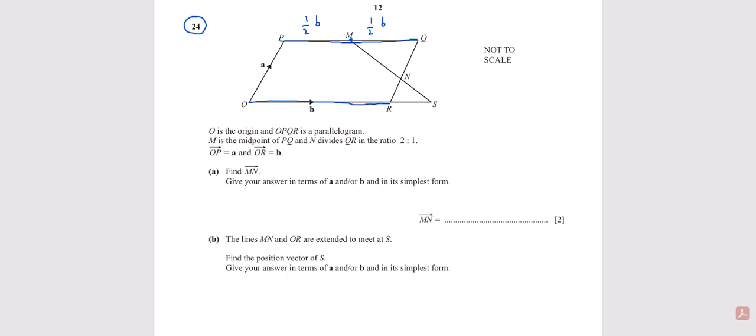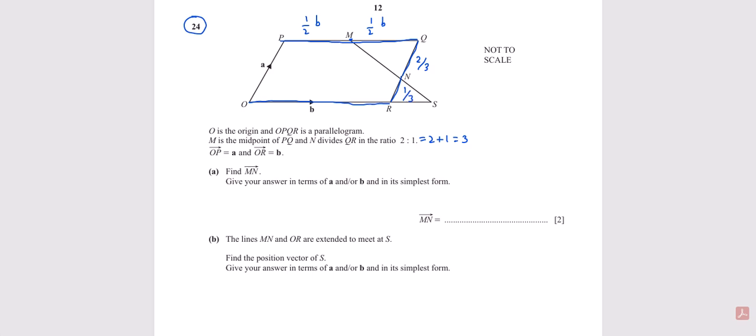And N divides QR in the ratio NQ is 2 and NR is 1. With the ratio, the sum of these ratio parts 2 plus 1 is equal to 3. So divide by 3.